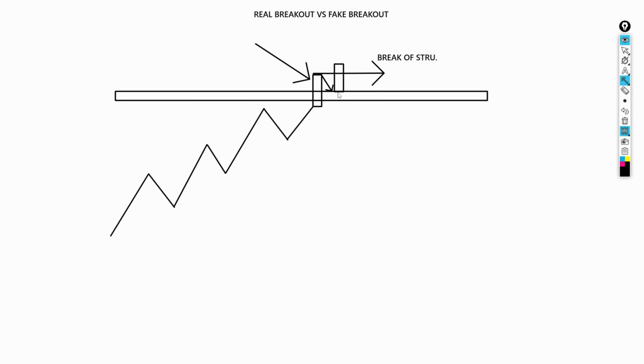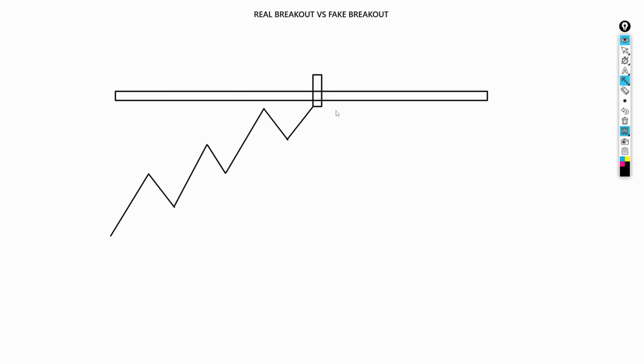So that is how you can find if it's a real breakout or a fake out, because once you have another break of structure after the breakout like happened here, this is a confirmation that yes, this is a clear breakout. It's not formed by fake volume and it's not a trap.